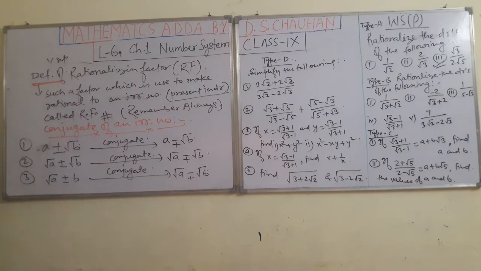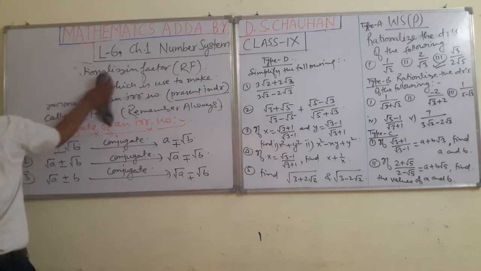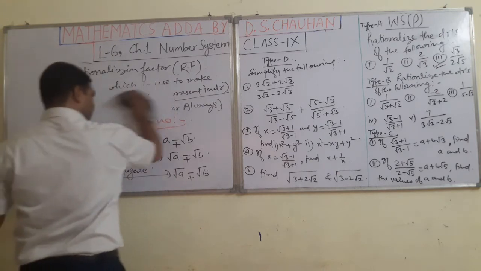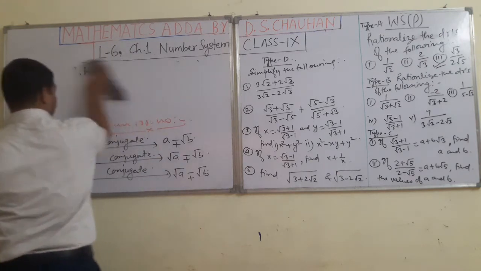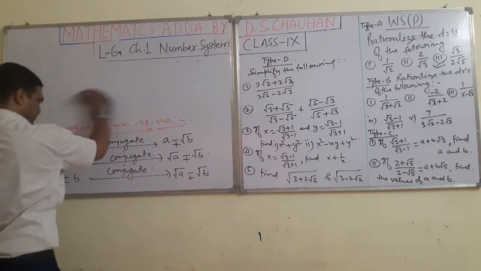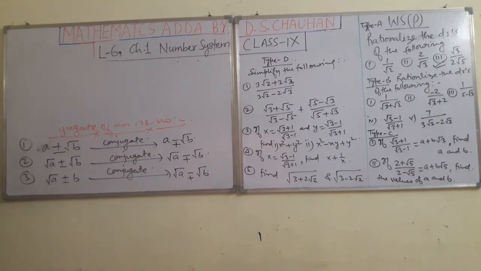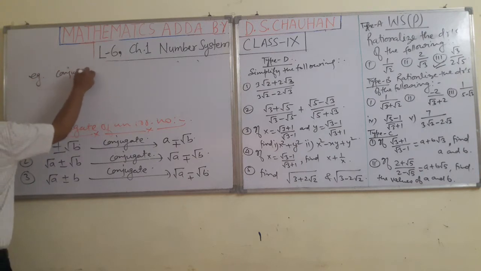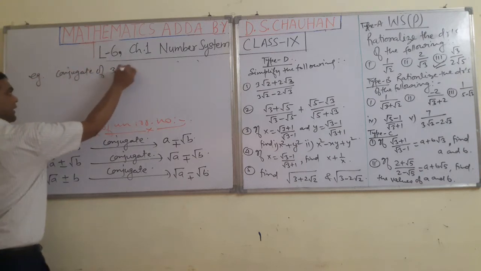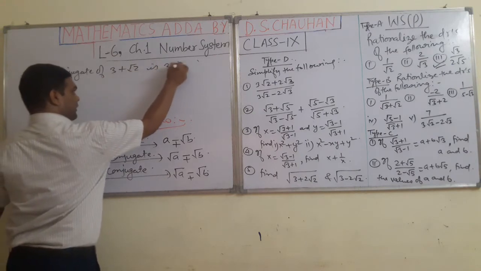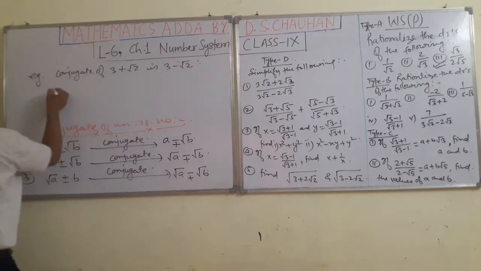So for example, if you take an irrational number 3 plus under root 2, what will be its conjugate? Try to understand. The conjugate of 3 plus under root 2 is 3 minus under root 2.